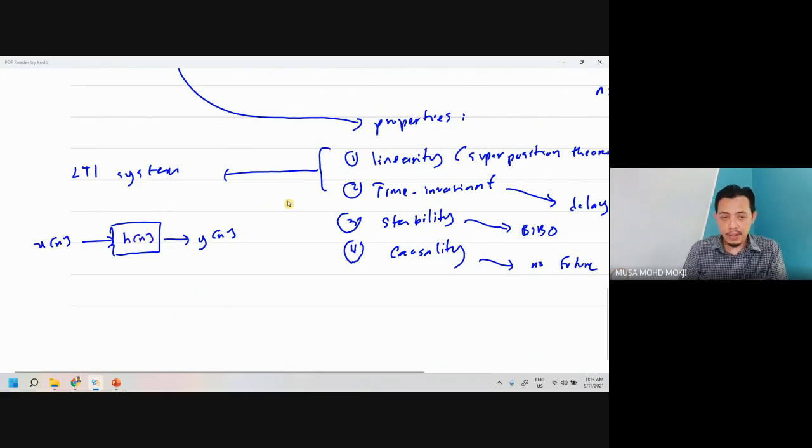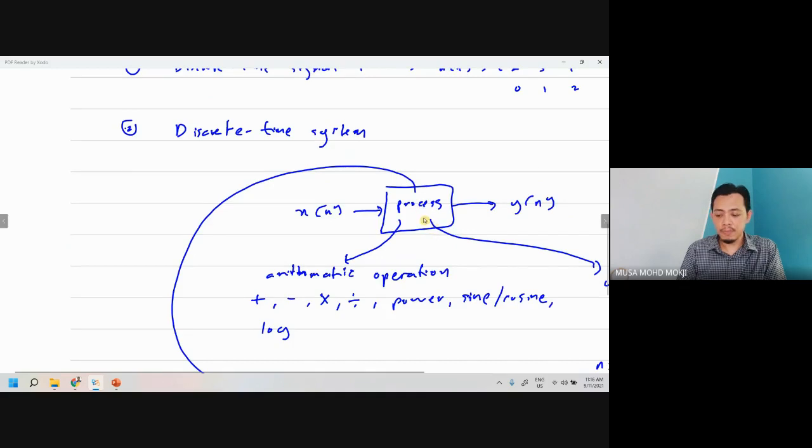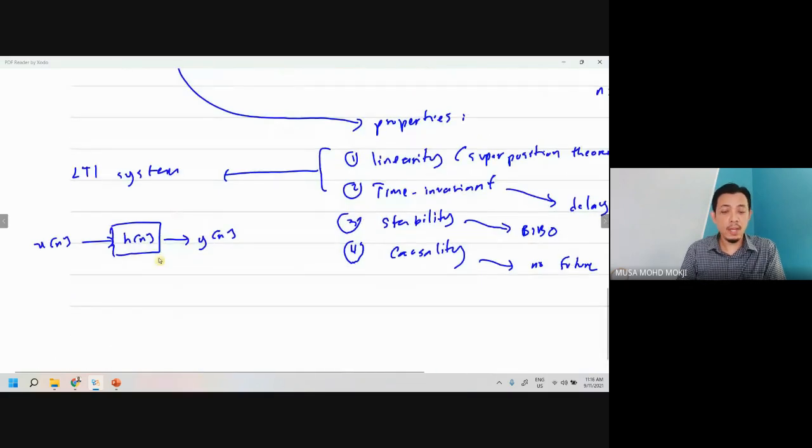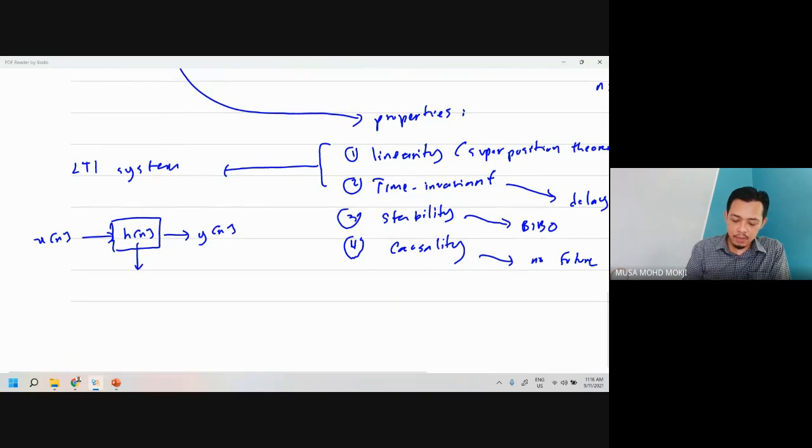So this process, we can represent our system with h[n]. What is h[n]? h[n] is the impulse response. If it is just a general system, you won't have that h[n]. For an LTI system, you will have the h[n], the impulse response, inside.